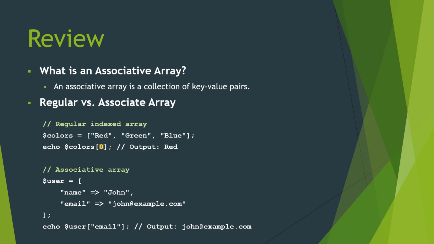Here's an example. Like I said, we are using these key-value pairs. So name would output John, email would output John's email address, and here we're using these named keys to output the address.